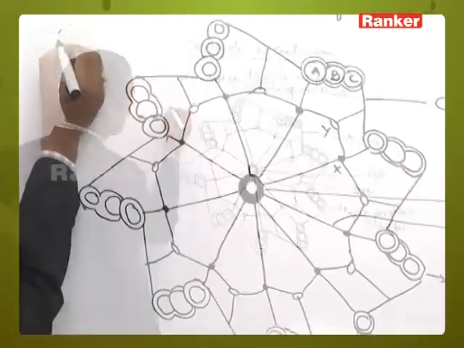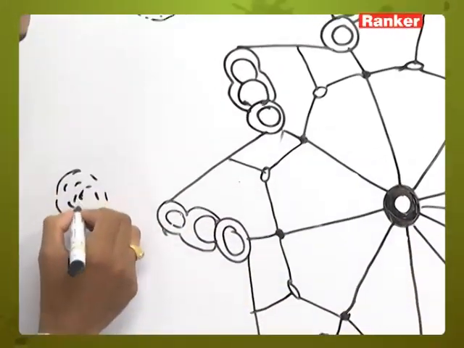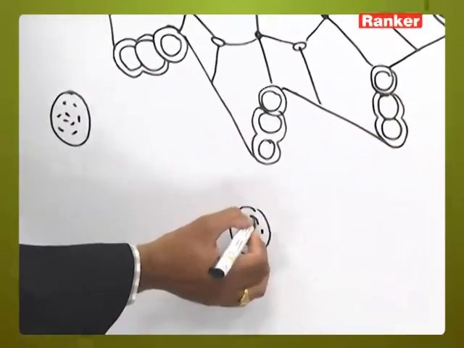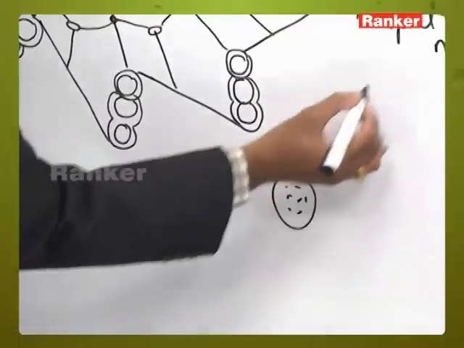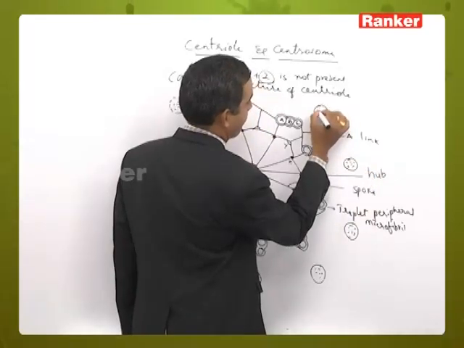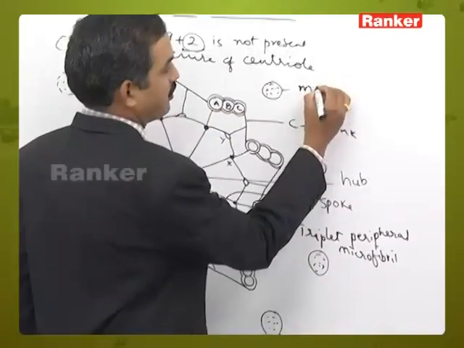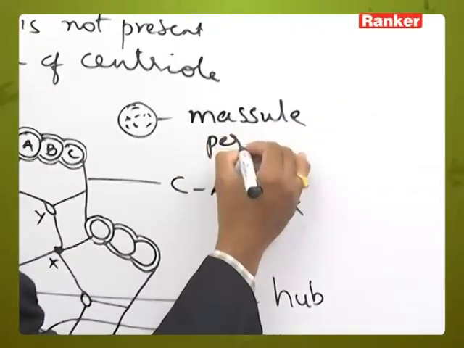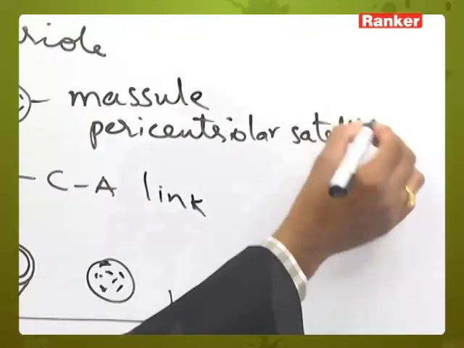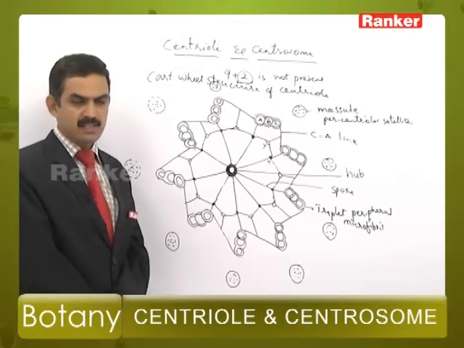And on the peripheral side, on the outer side, we can see the maculae; 9 maculae are present. These are called maculae or pericentriolar satellites. These structures are present outside the peripheral centriolar structures.